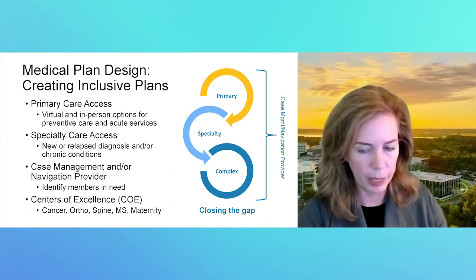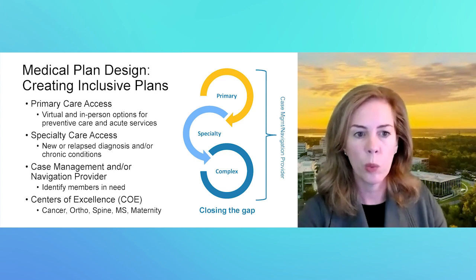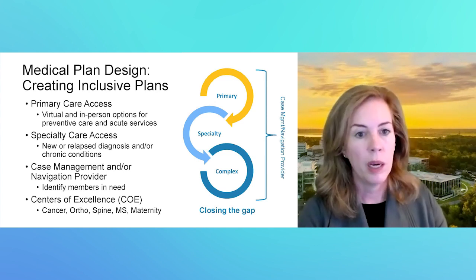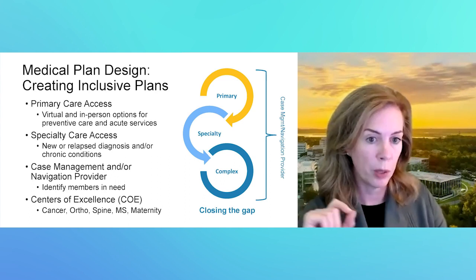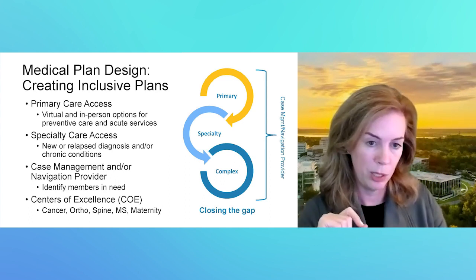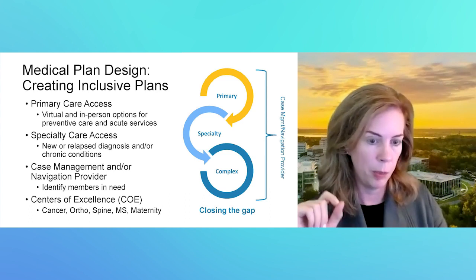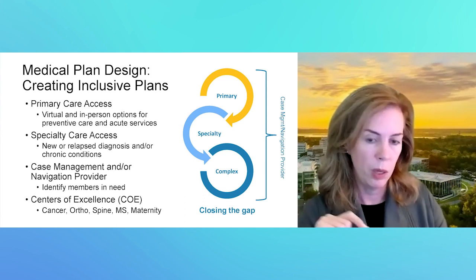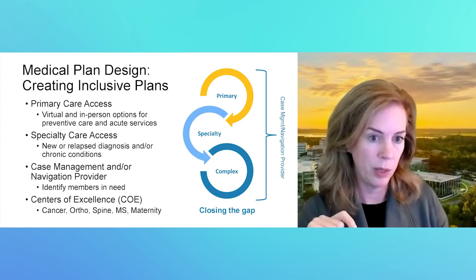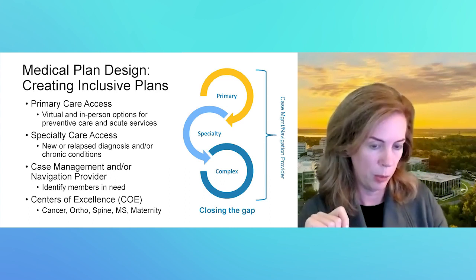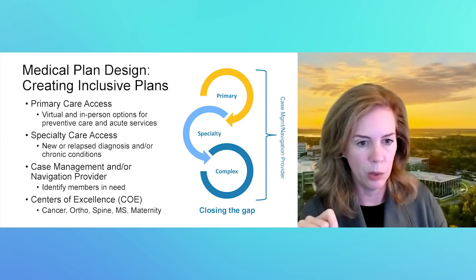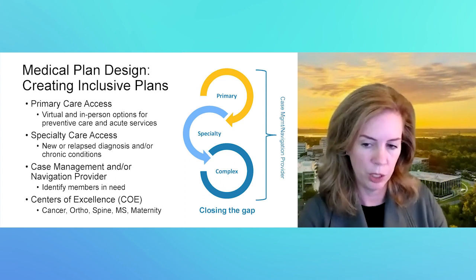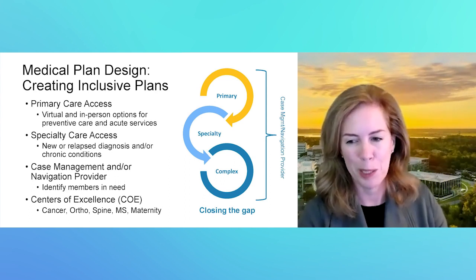The cancer that can't be treated locally, the really rare cancers, the undiagnosed that you'll see in your claims data where they've bounced through the medical system with no diagnosis and the plan dollars are going up and up and up, but also they might be on a medication that's not the accurate diagnosis. I'll use MS, for example, and the percent of MS that's incorrectly diagnosed and they're on those very expensive medications. So we're talking about the 1% of your population that's driving that 80% of your plan dollars.